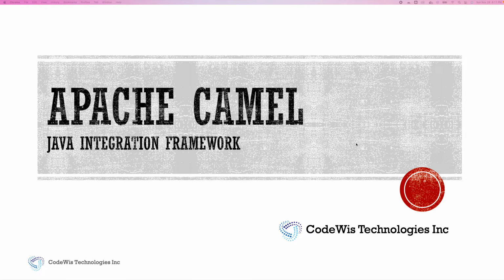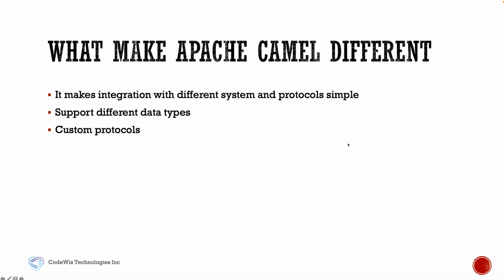In this video we are trying to explain some of the concepts regarding Apache Camel, and also what makes Apache Camel different. It makes integration with different systems and protocols simple, as I already defined. Maybe you need to call some web service, or some other API itself.